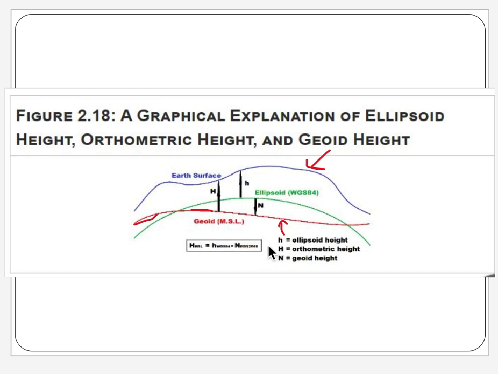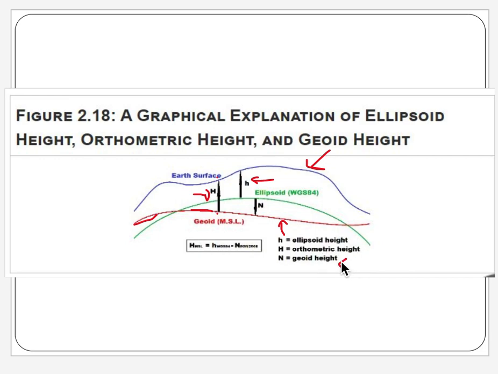Based on these H's and N's, the capital H that we see here is the orthometric height, defined as a measured distance between the geoid and the Earth's surface. Then we have our ellipsoid height, which is a lowercase h, a measured distance between the ellipsoid and the Earth's surface.